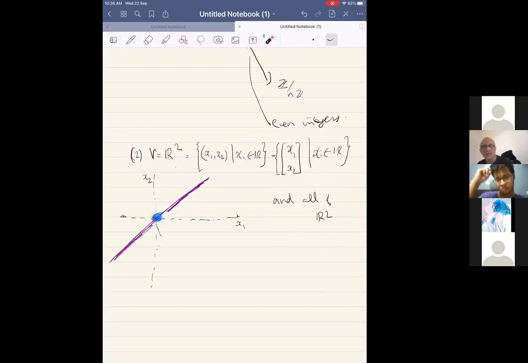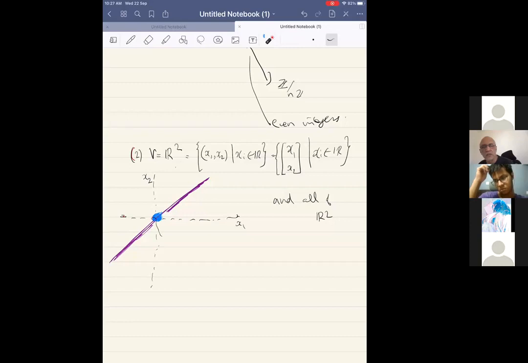Now we all agree that all of R2 is a vector space, and that the singleton set with only the 0 vector is a subspace, because it is non-empty and closed under addition and scalar multiplication.